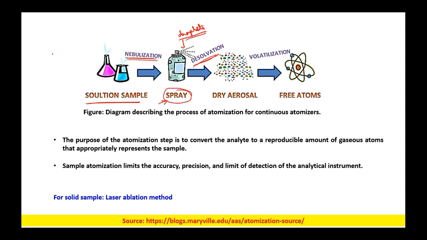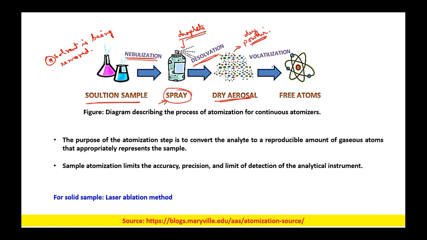Desolvation means you are removing the solvent. Now when the solvent is being removed, it forms dry aerosol. It is just like powder. So this is a dry powder-like stuff, but these are very fine dry powder.